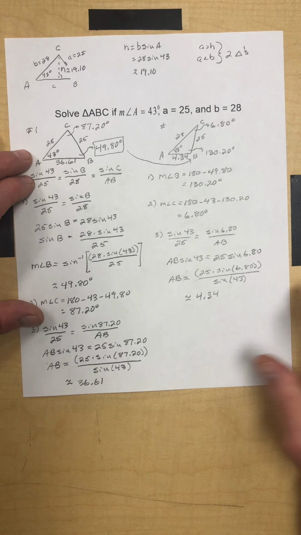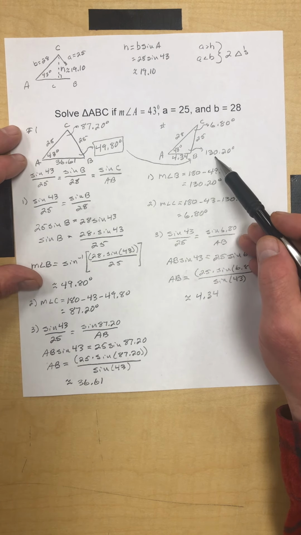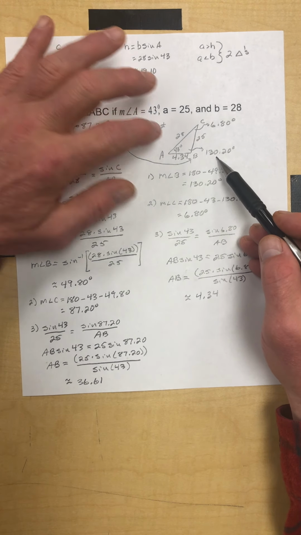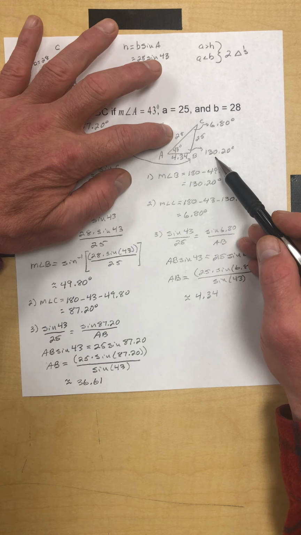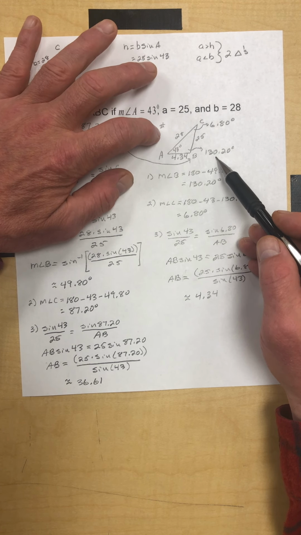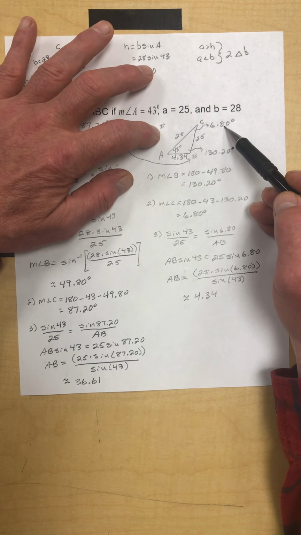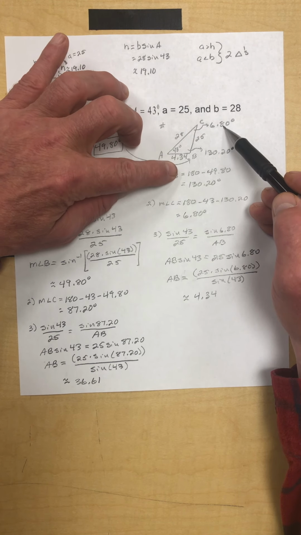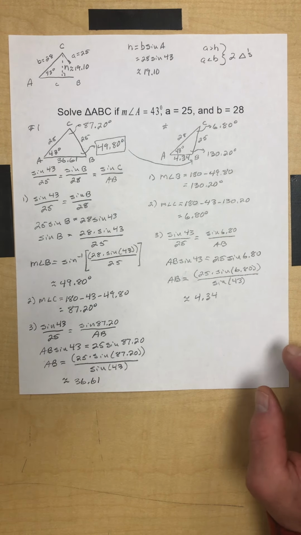All right, and then we take a look at, do things make sense? The largest angle is angle B. It's opposite the longest side. And then the smallest angle would be angle C, and it's opposite the shortest side, so things make sense there. Okay, so we're in good shape.